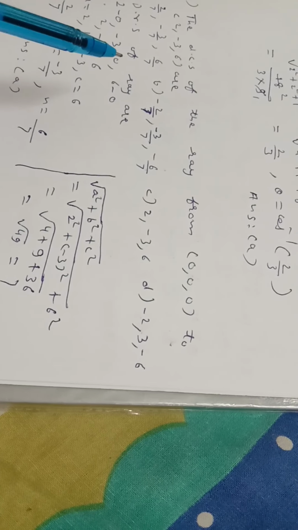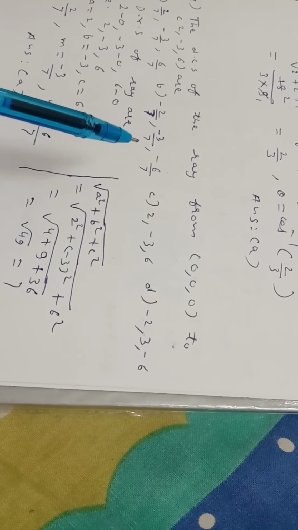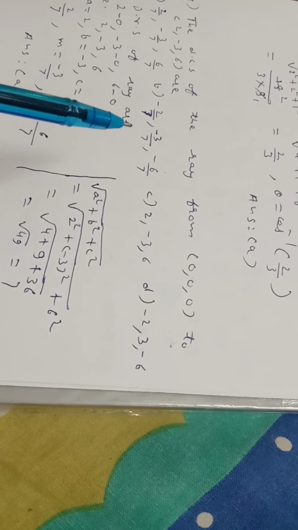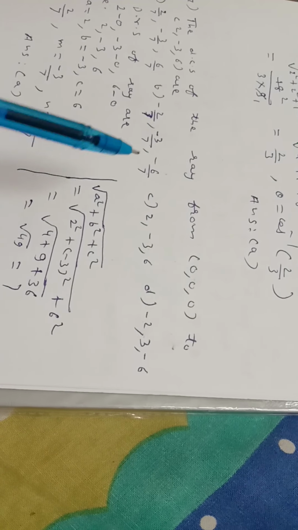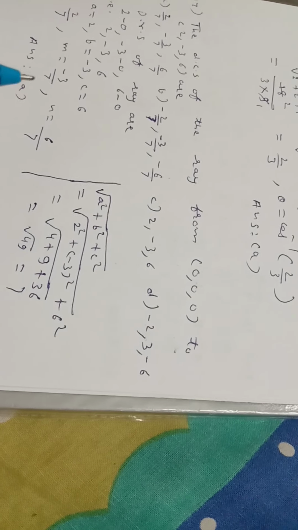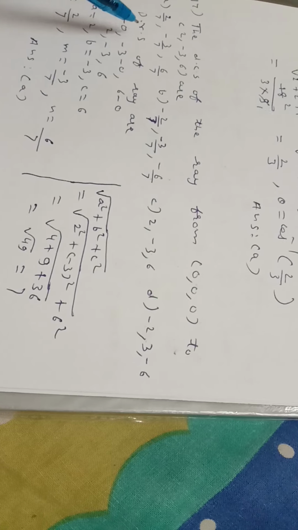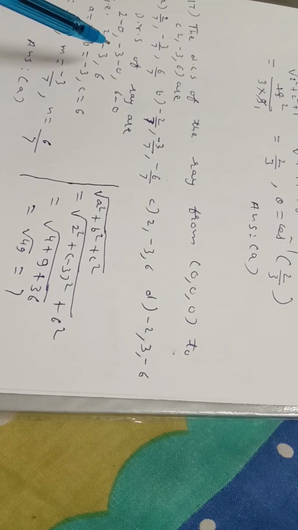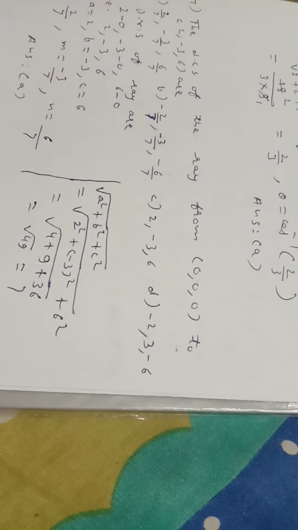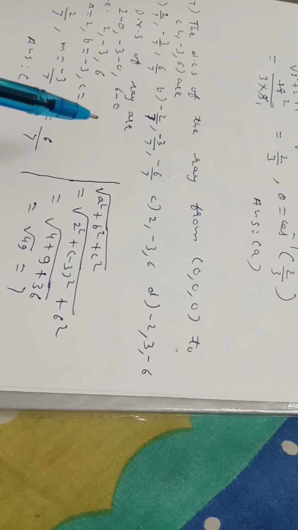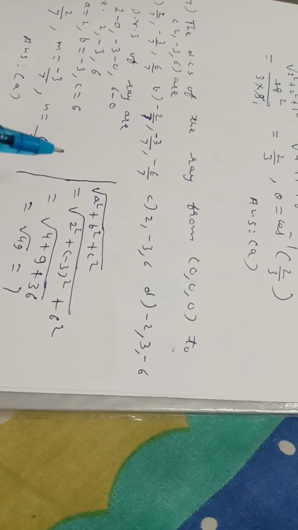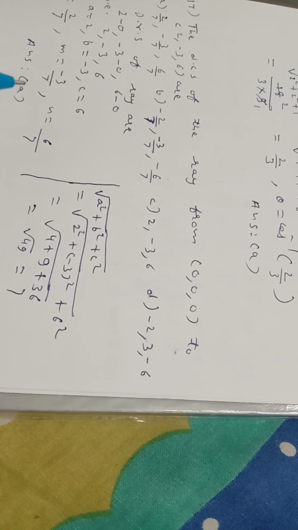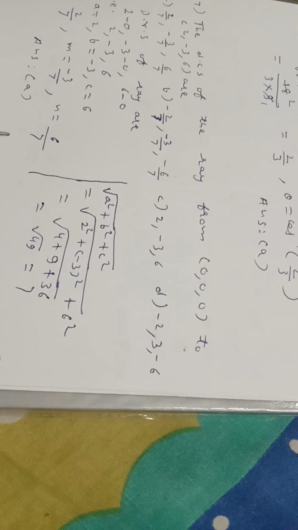Now the direction cosines of a ray or line segment are the same. Before getting direction cosines, we can find direction ratios. If we know the coordinates of 2 points, then the direction ratios are given by the difference between their corresponding coordinates.